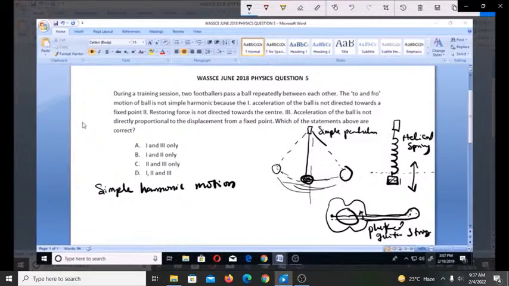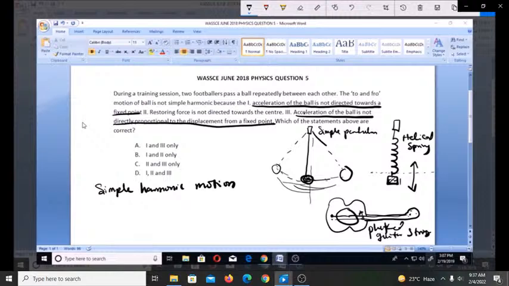Now, one very important attribute of a simple harmonic motion is that the acceleration of the load or the string in this case is directed towards a fixed point. Very, very important. And another aspect of simple harmonic motion is that the acceleration of the string or the load in this our case is actually proportional to the displacement from the fixed point.